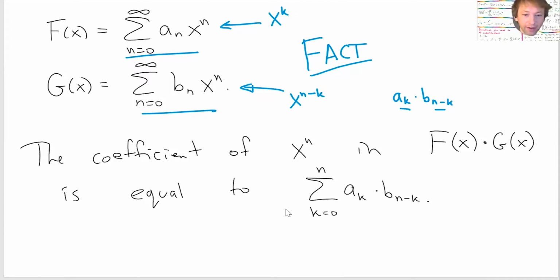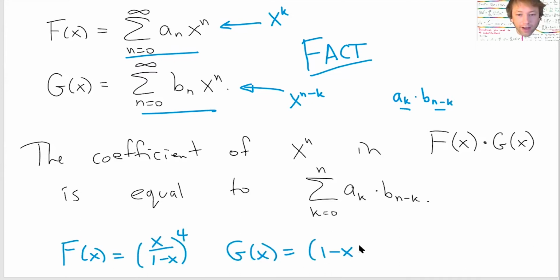And I'm applying that in the case where f of x is x over 1 minus x to the 4, and g is 1 minus x to the 5 to the 4. So we worked out the coefficients of this thing, and the coefficients of the product come from this sum.